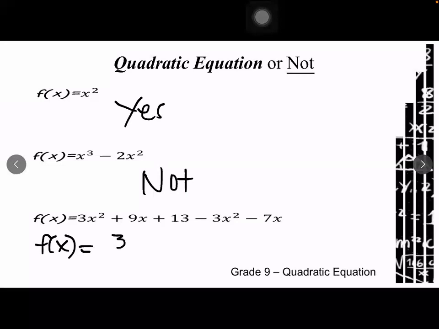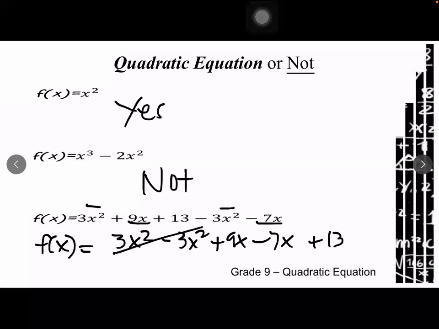We have 3x squared minus 3x squared, followed by 9x and negative 7x, followed by plus 13. Simplifying it, 3x squared minus 3x squared becomes 0, so we will not write it na. Followed by 9x minus 7x, it will become 2x. Then the remaining one is 13.